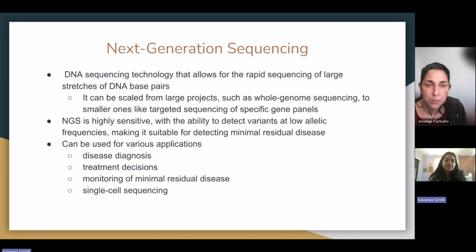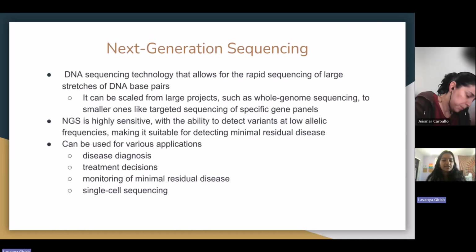And then next generation sequencing, this is a DNA sequencing technology that allows for rapid sequencing of large stretches of DNA pairs. So this one can be applied large scale as opposed to the other one. It can be scaled largely, or it can be used for smaller projects like targeted sequencing of specific gene panels.